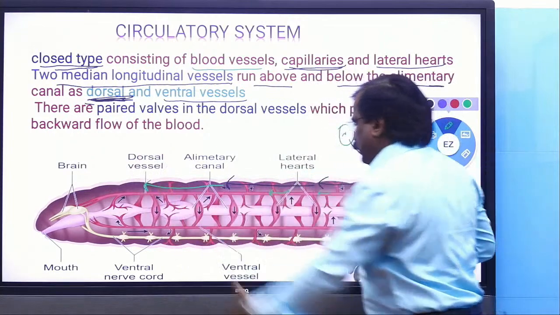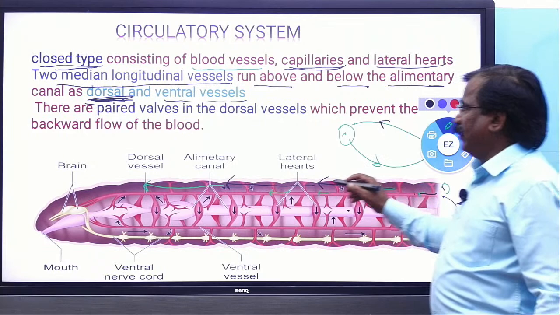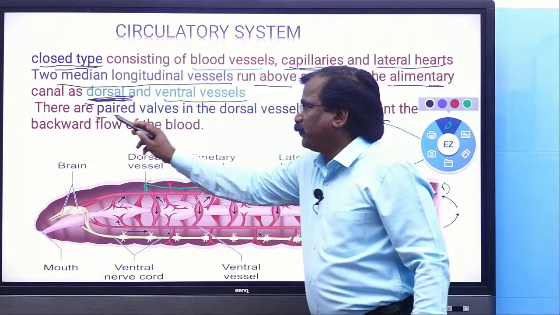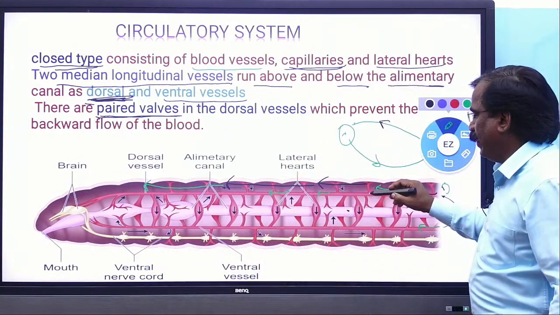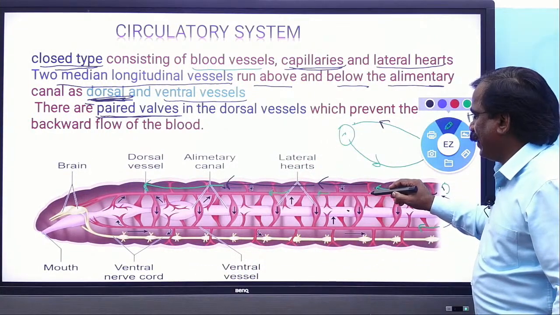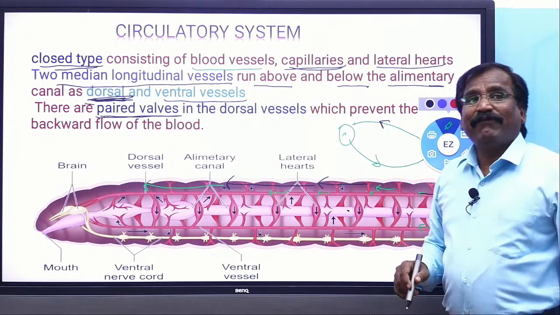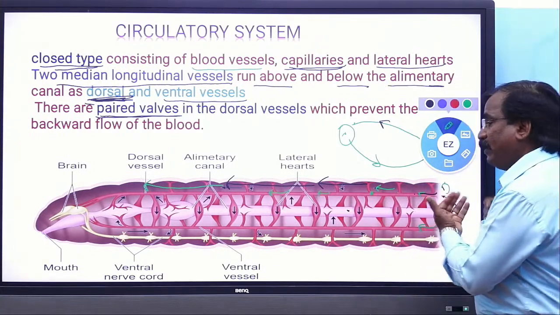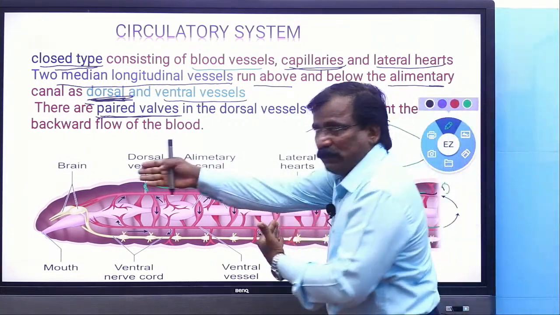The dorsal vessel possesses paired valves. Those valves prevent the backflow and allow the blood only from backward to forward direction.